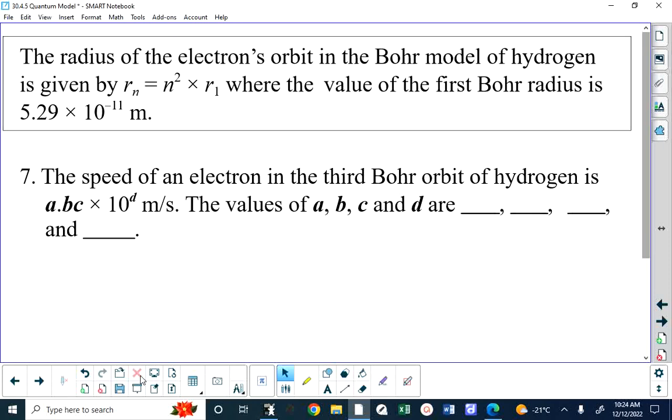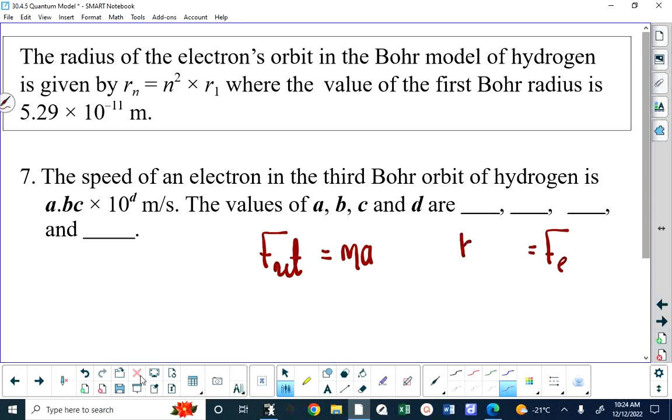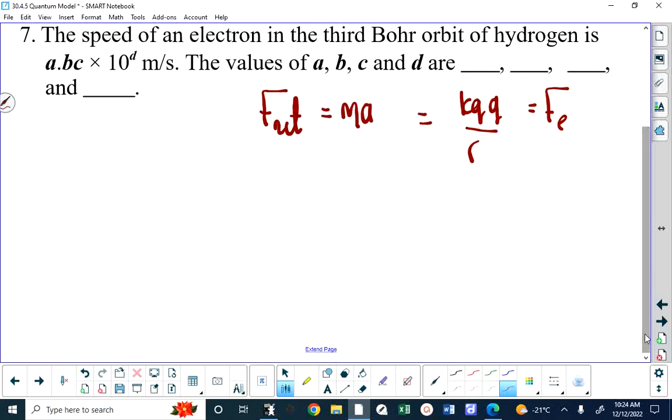What you have to do is say that the net force equals ma, but the electric force is kQq over r squared, and they are one and the same. The electric force pulling on an electron in a hydrogen atom is the net force. What we're talking about here, everybody, is here's the proton in hydrogen, here's the electron moving in a circular orbit. Should that be r squared? Yes.